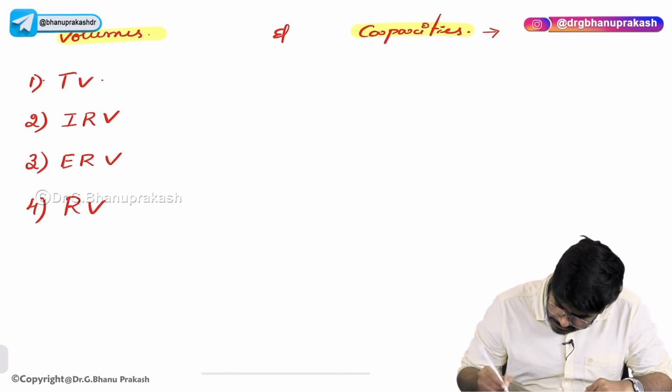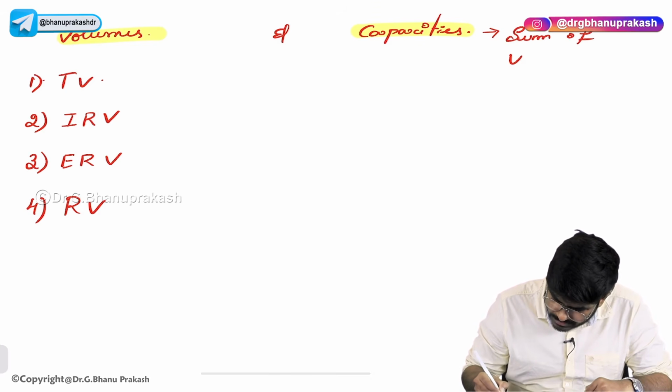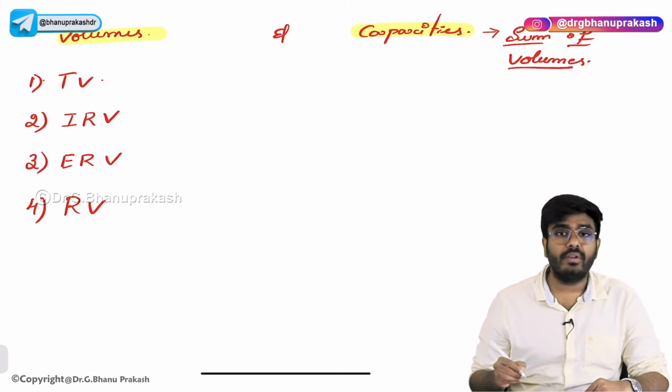Now let us see what the different types of capacities are. Capacities are nothing but sums of volumes. Sum of lung volumes will give you capacities.